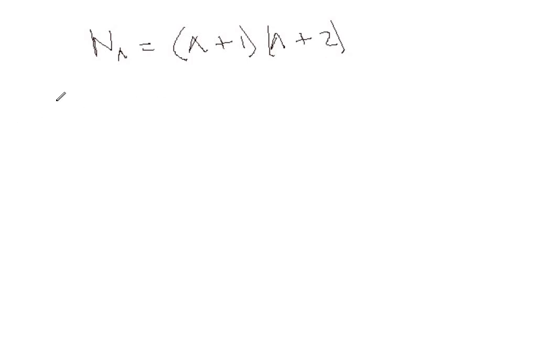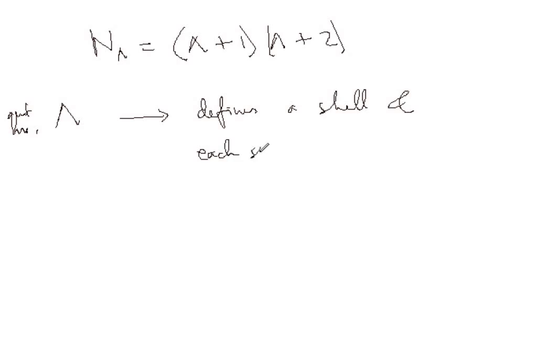Now this quantum number basically defines a shell, and each shell can accommodate n lambda protons and n lambda neutrons.